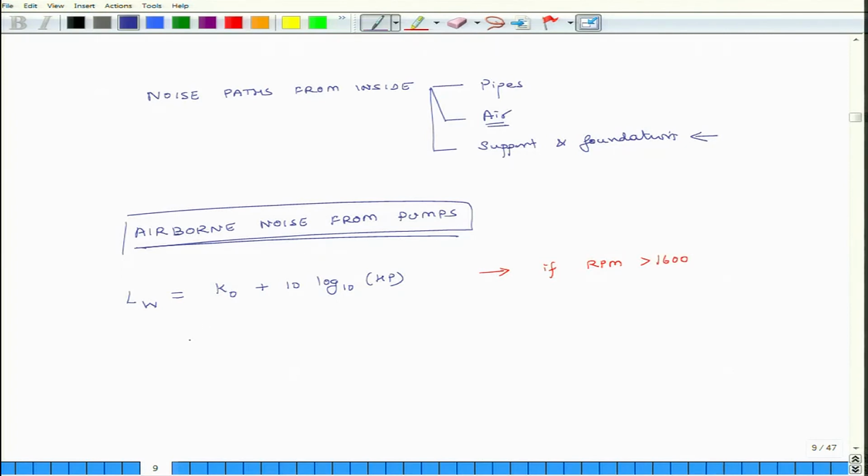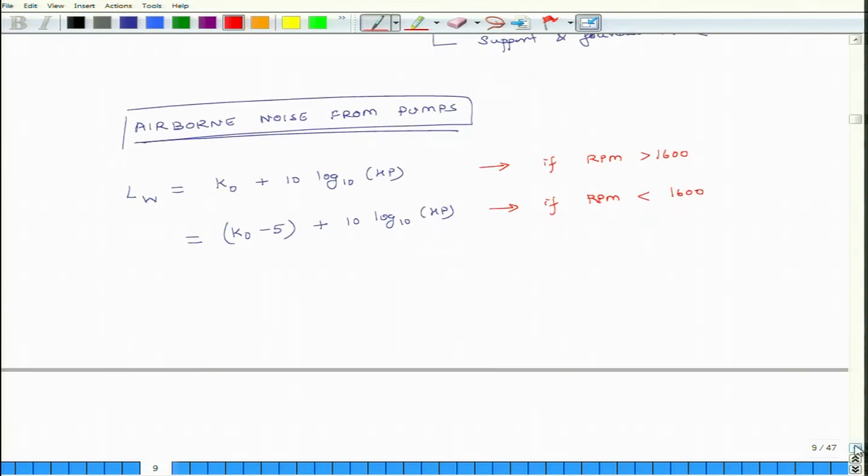If it is less than 1600 rotations per minute, then it is K0 minus 5 plus 10 log 10 of the horsepower. So, depending on the RPM we choose the right relation, and then the question is what is the value of K naught.